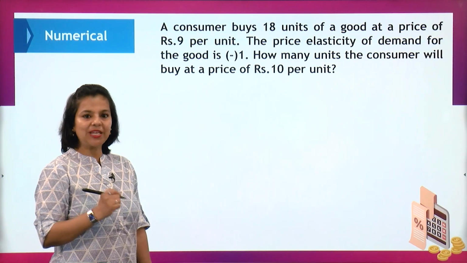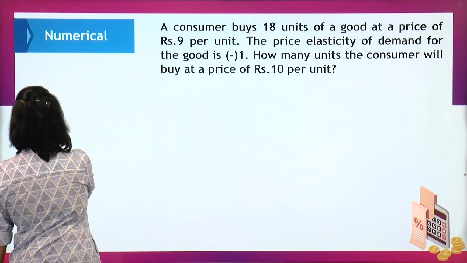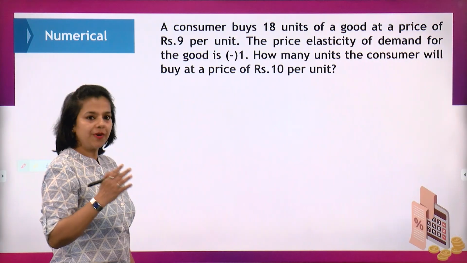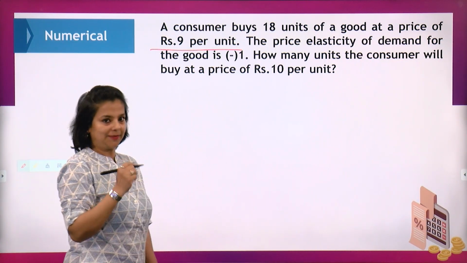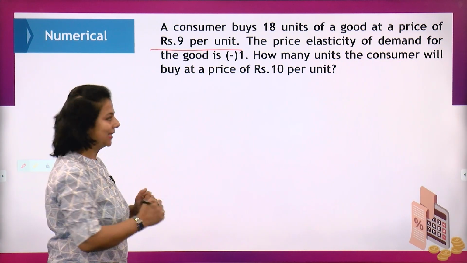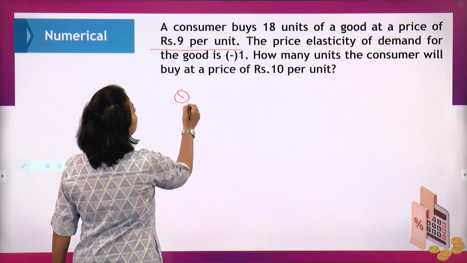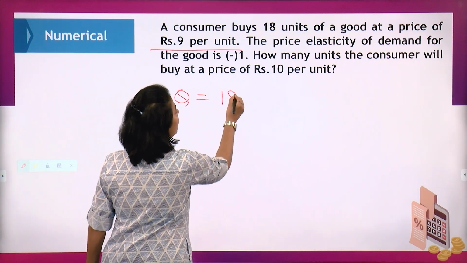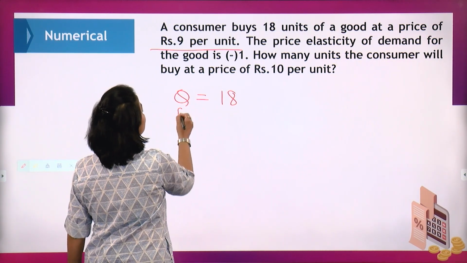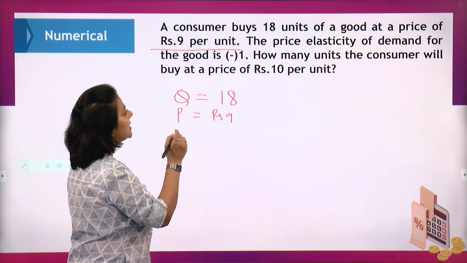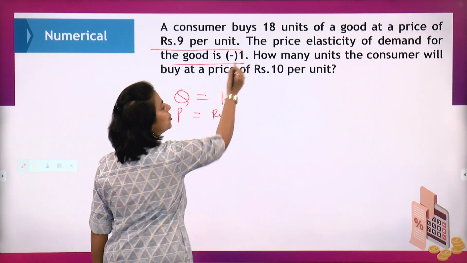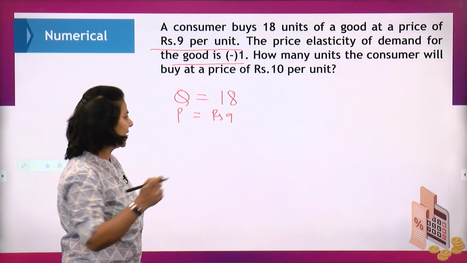Now, in this question, a consumer buys 18 units of a good at a price of rupees 9 per unit. चलिए इस information को लिख लेते हैं. Quantity demanded is 18 and price is rupees 9. Now, the price elasticity of demand is also given to us as -1.